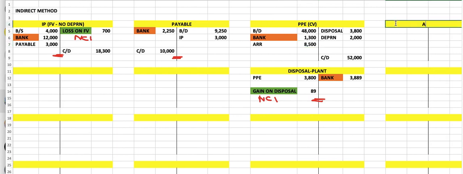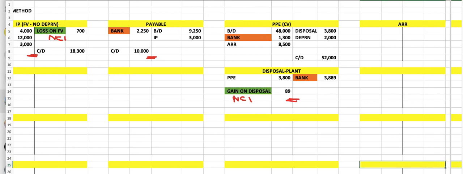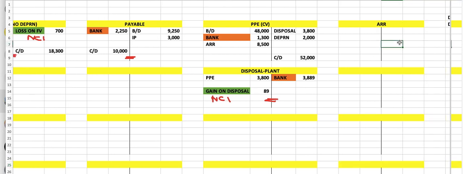Okay, so buka account ARR. Okay, so debit here and your credit here lah. Sekejap ya. Okay, so credit di sini PPE, the amount is 8,500.